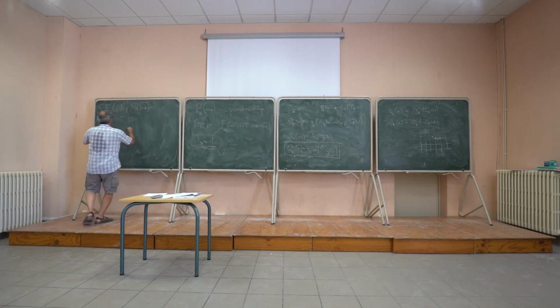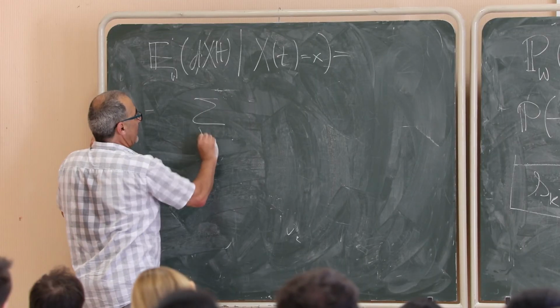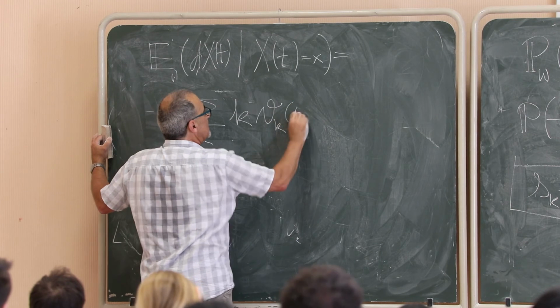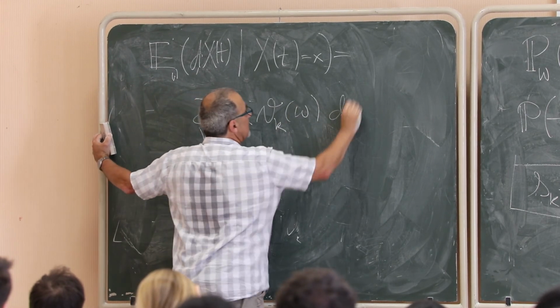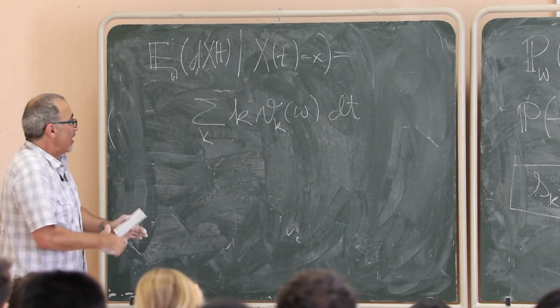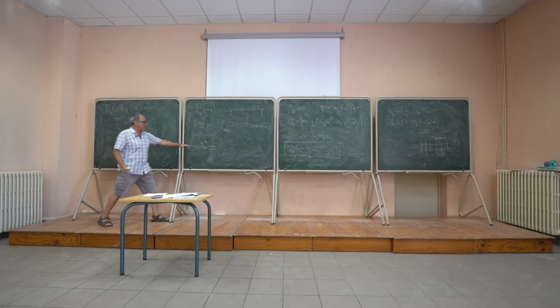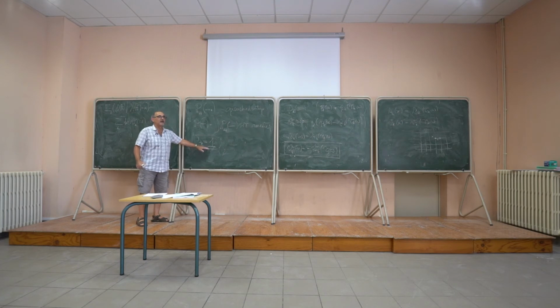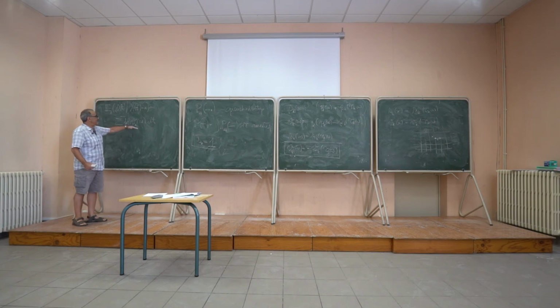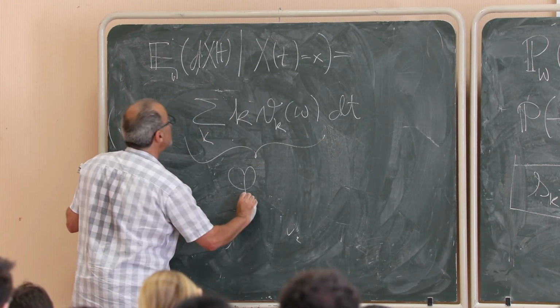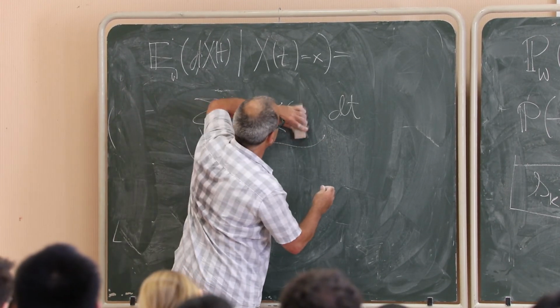So this will be the sum over k of k times v_k(omega) dt. As I assume the symmetric part is just constant, that cancels out, and you are left with the k times v_k's to add, right? And I will call this function phi of tau_x omega, of course.